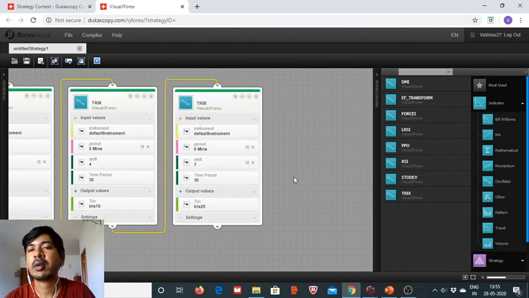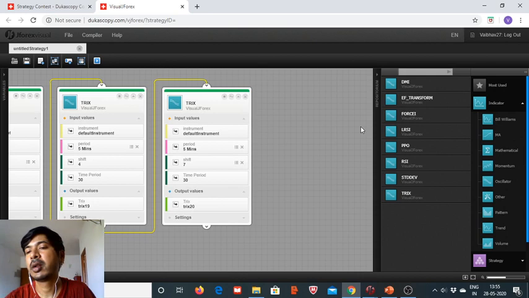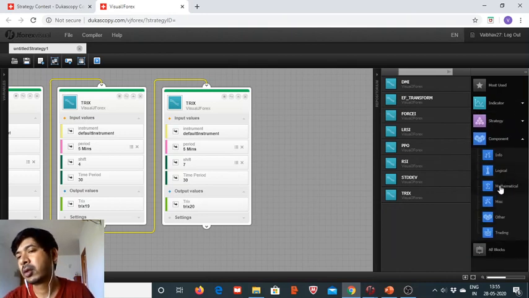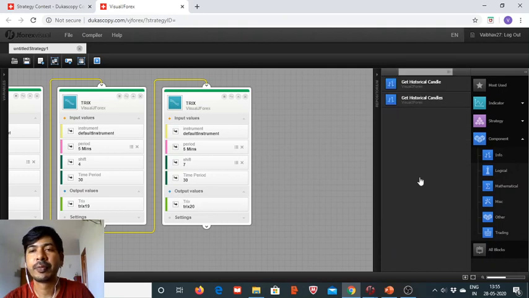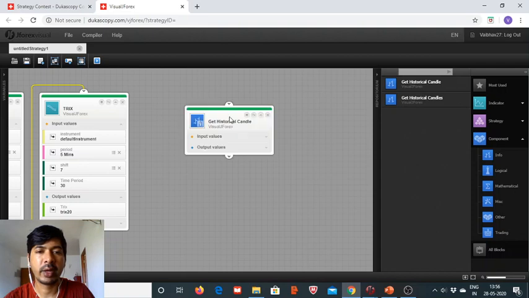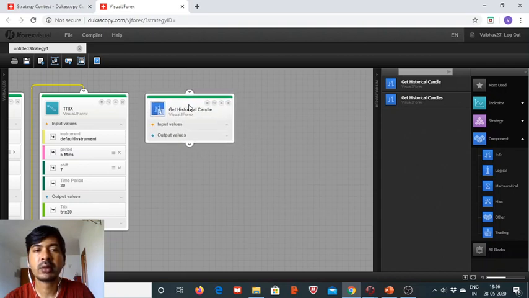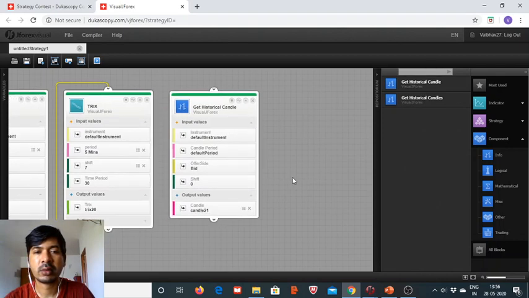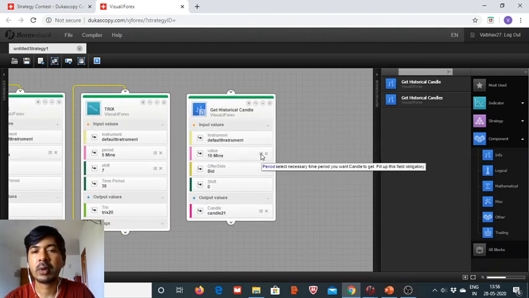And here this is all set. Now we need to bring in the historical candle blocks to see what kind of momentum is there, and we will need info, get historical candle of 5 minutes, default.